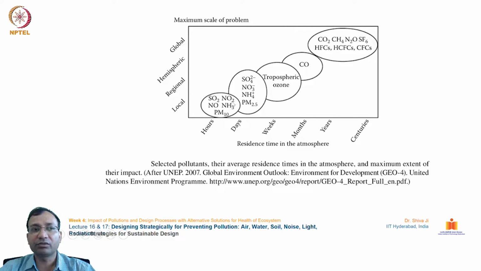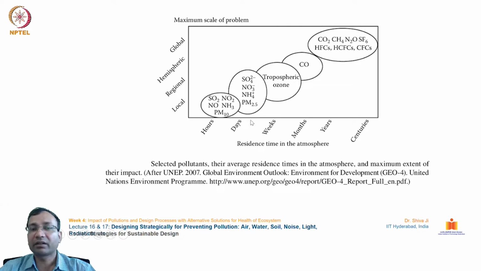So we saw SO2, NO2. These compounds, from hours till days, can affect at the local level. Further to this, if you see these compounds, like SO4, NO3, NH4, PM2.5, these can affect from a local to a regional level, from days till weeks.